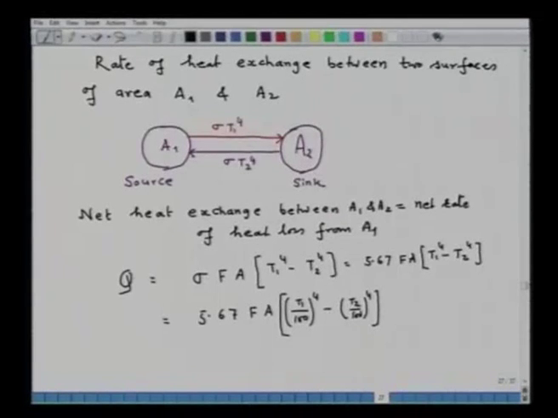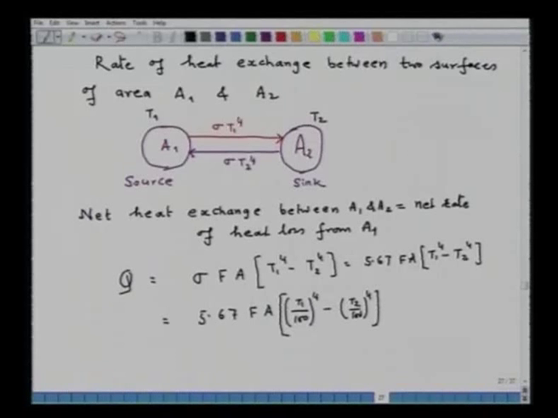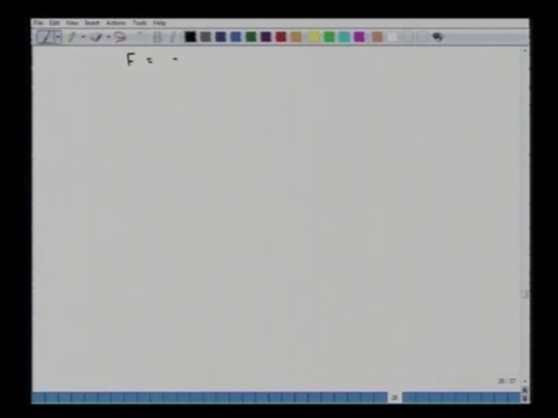Now, all the variables are known to you. T1 is the temperature of the source, T2 is the temperature of the sink, A is the area of the source, and F is a dimensionless composite factor.